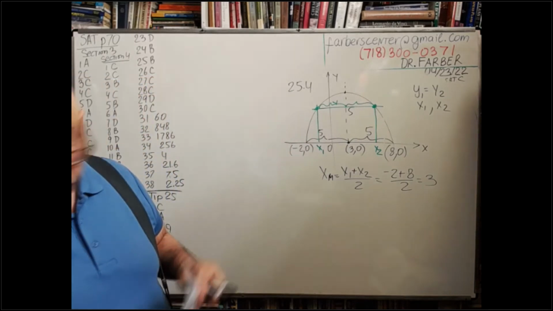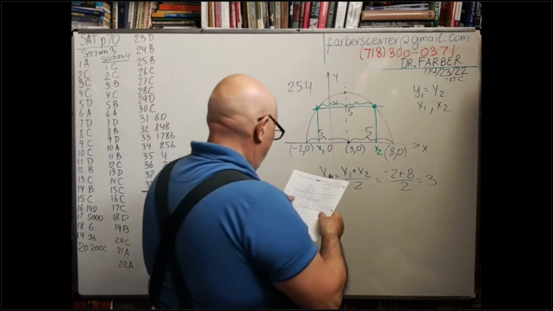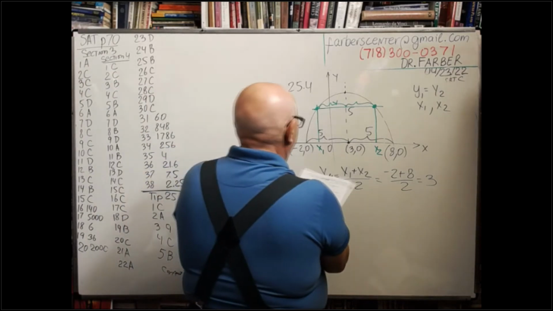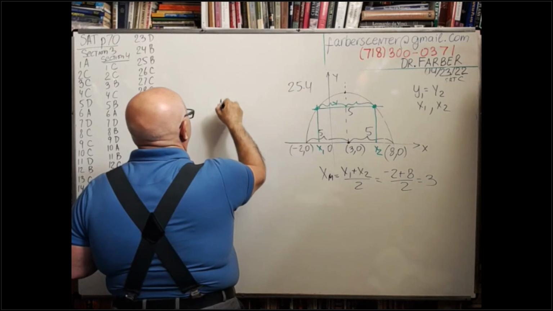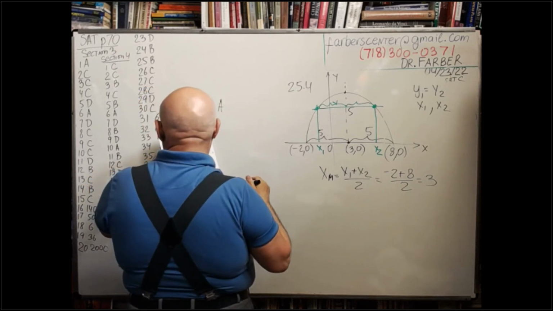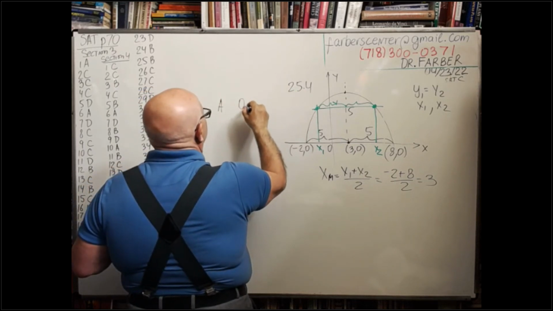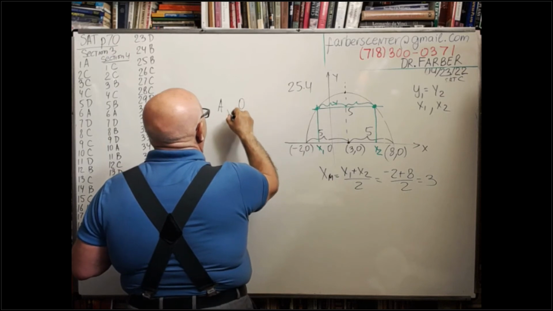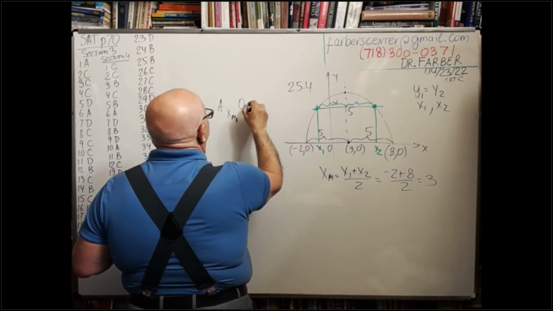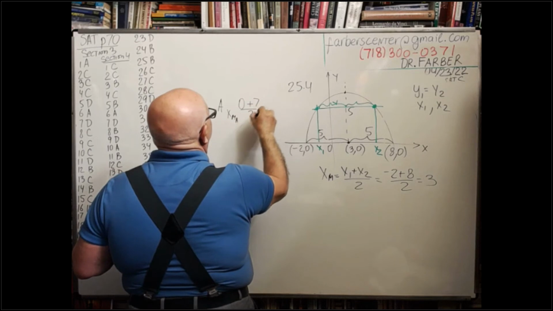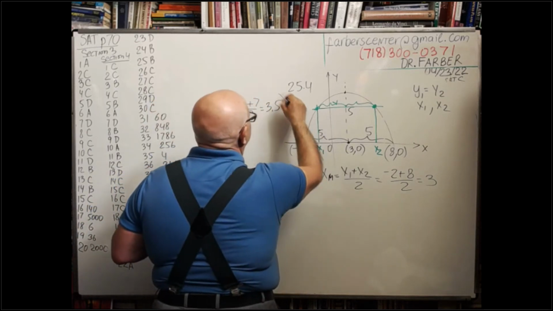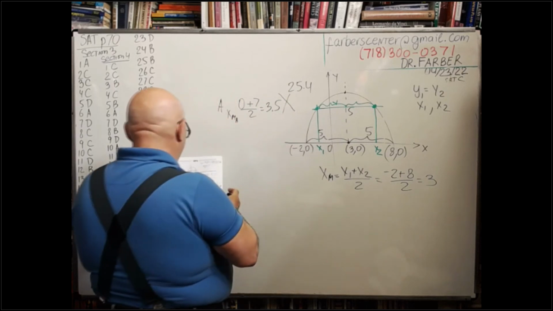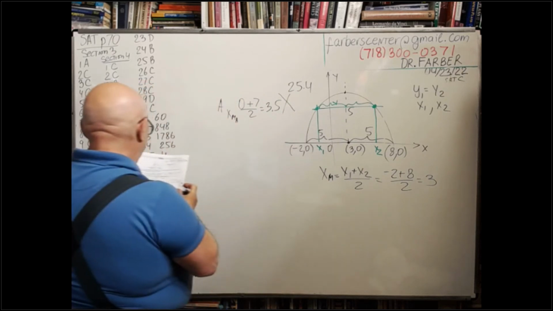And look at this multiple choice. For instance, let's say I choose A. I know this is wrong, but just for example, A. In A, you have 0 and 7. So x midpoint equals 0 plus 7 over 2, which is 3.5. Is it equal to 3? No, garbage. In the same manner, you can check any of these.